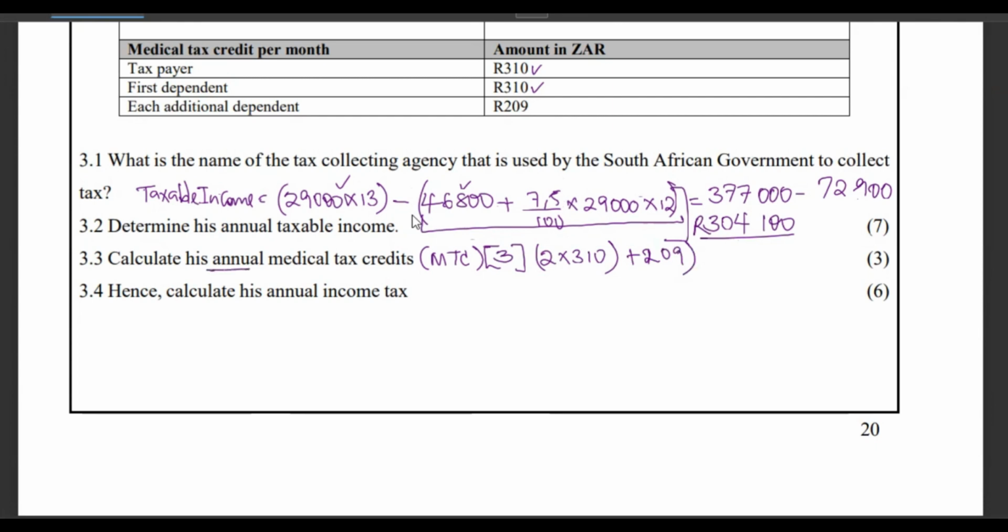However, we are looking at annual. These are monthly. So what we do, we shall have to multiply everything by 12, and you'll end up having your answer as 9,948 rands.